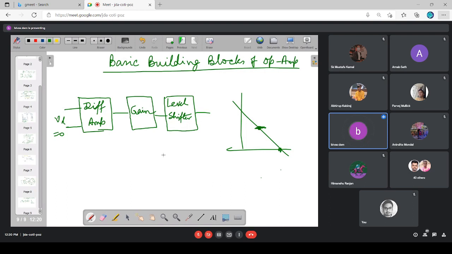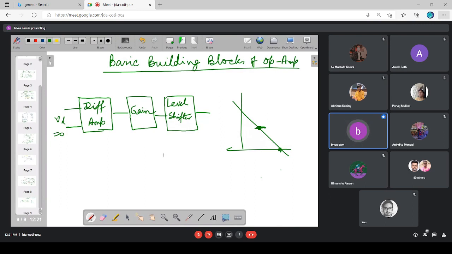Okay, fine. Everything is in paper design. So far so good. That means my difference amplifier is ensuring infinite CMRR, infinite input impedance. High gain stage is trying to ensure infinite AOL. Level shifter is trying to ensure 0.